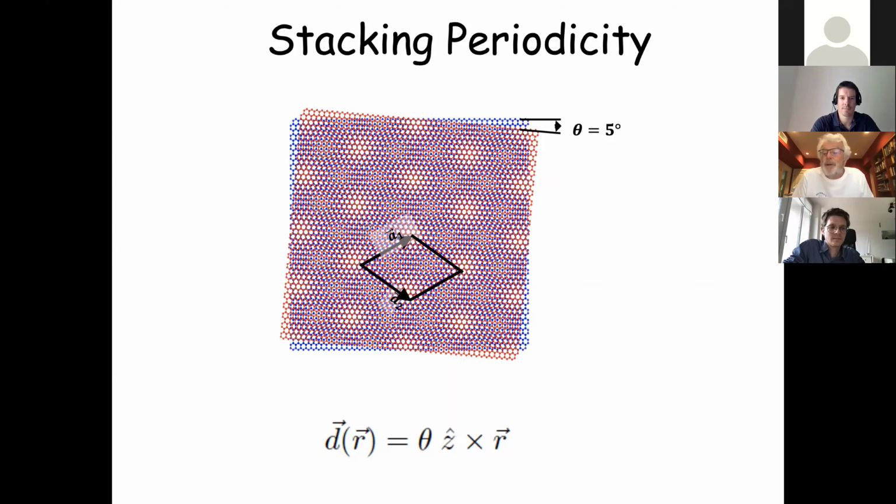And that's the periodicity of the Moiré pattern. So you can make artificial periodic systems, and you can work on an energy scale where the atomic scale incommensurability of these structures doesn't have any observable effect.